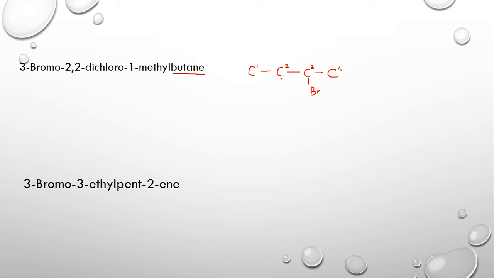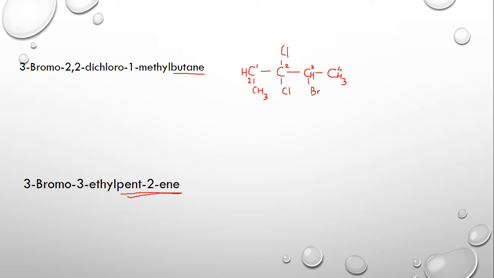On the second carbon atom, you have dichloro. So 2 chloros have been written. On the first carbon atom, they are saying methyl. We have written it. Satisfy the carbon atoms with the hydrogens. So here it is going to be CH3, H, and CH2.